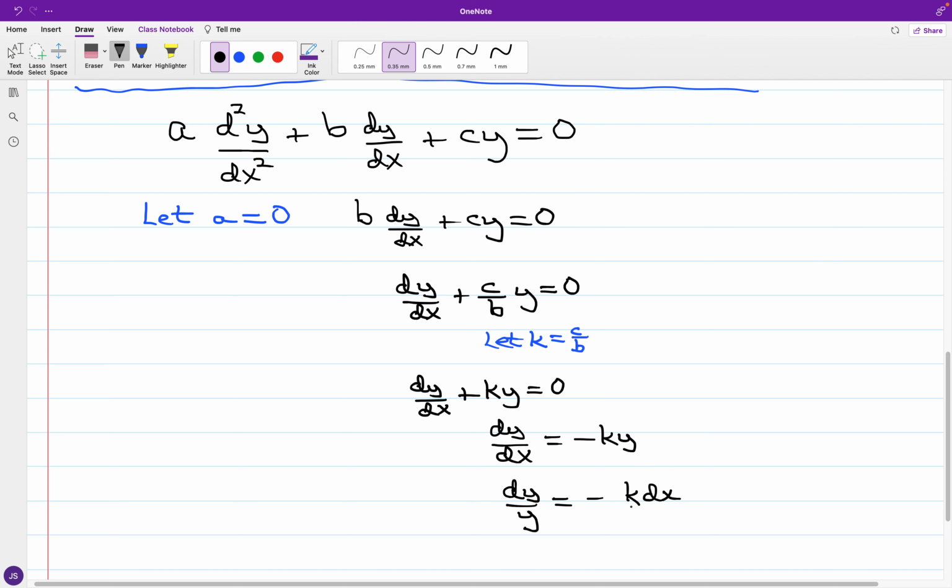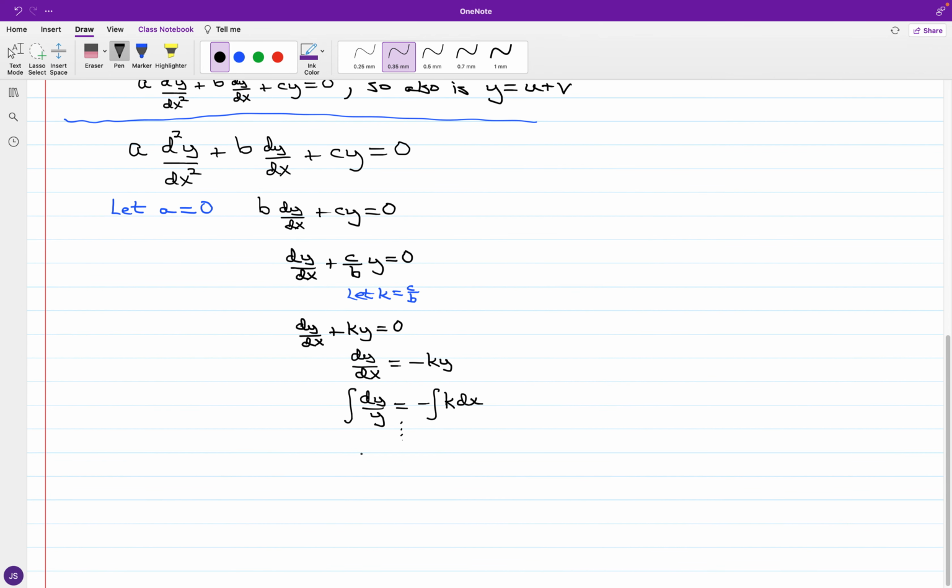And again, with the separation of variables, I can integrate. And what I'll do here, I'm not going to worry about the absolute value notation. I'm just going to cut to the chase. So you have the natural logarithm of y is equal to negative kx plus a constant.